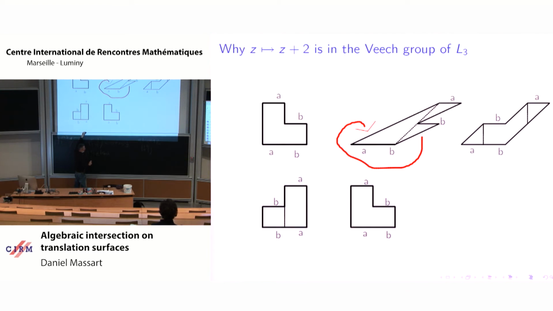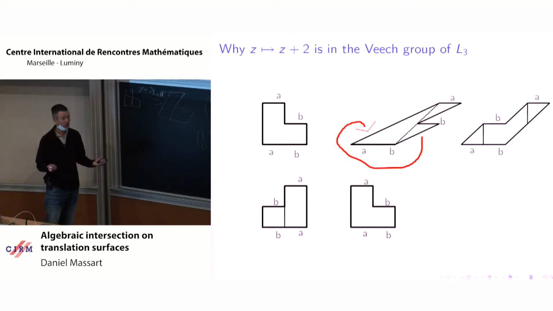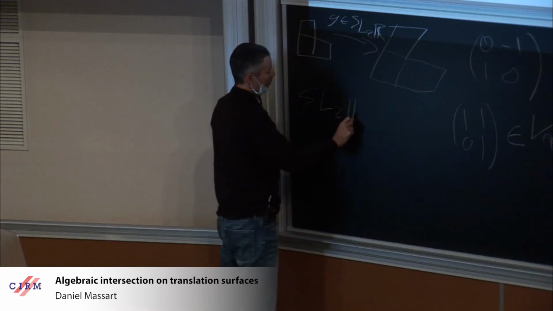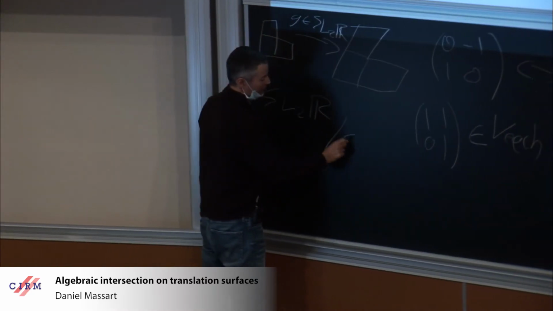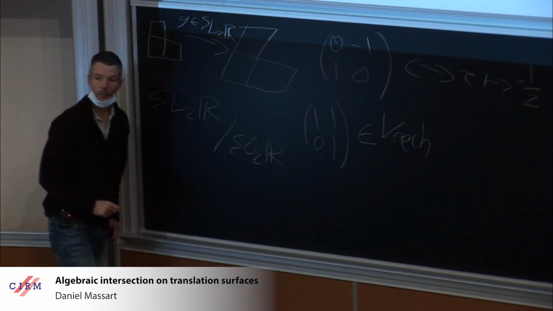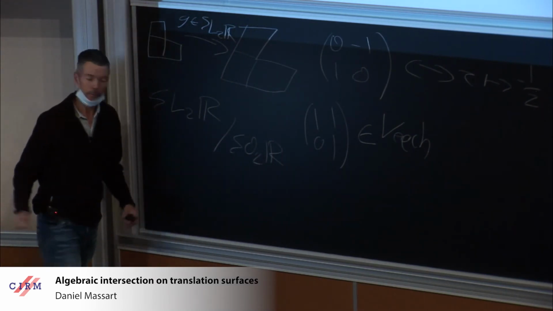So you know that, okay, I'm considering surfaces modulo isometry because everything I'm interested in is invariant under isometries. So what is the group SL2R quotiented by isometries? This is a hyperbolic plane.